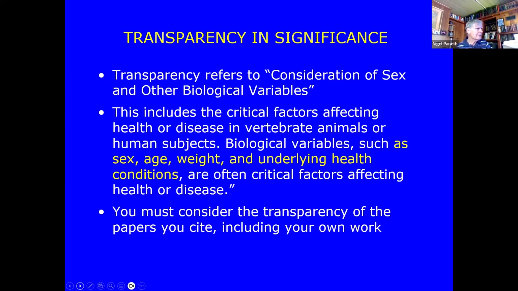So they want you to take account of these things as you review your literature and as you also write your research project. If you work with a specific group of people of one ethnicity, of one gender, of one age group, you will have to justify doing that, so consider those factors under the term of transparency.